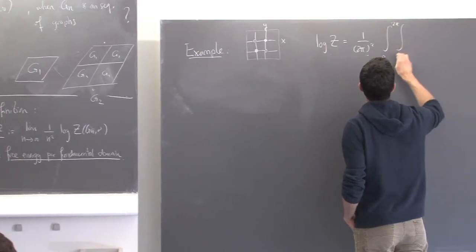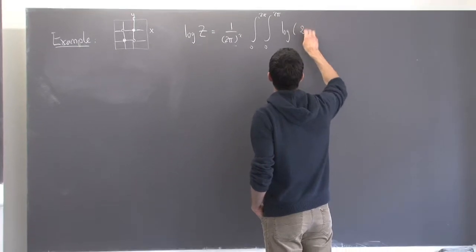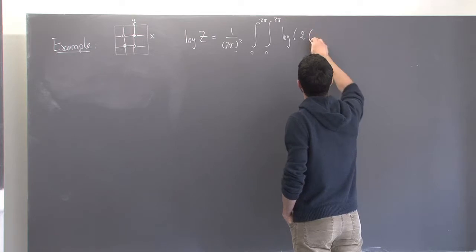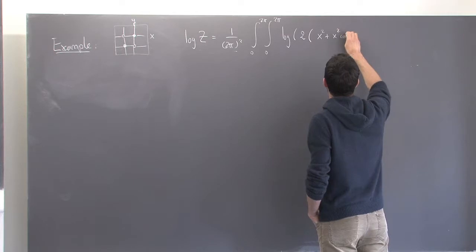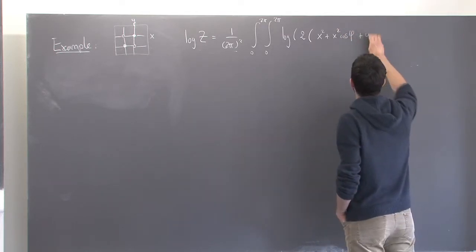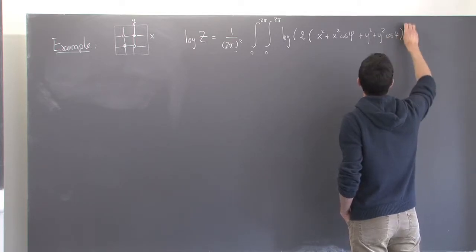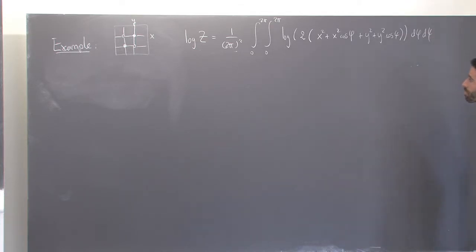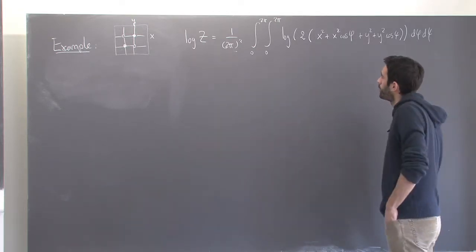So now I express the integral slightly differently. And so we had computed this polynomial, and we had something like x squared plus x squared cosine phi plus y squared sine psi. You can check, you just take the computation we had made, and that's what you get.